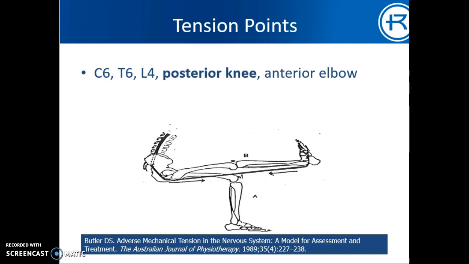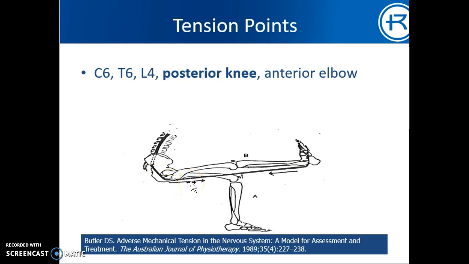So an example of this is during the straight leg raise test in the slump position here. You can see the movement of the lumbosacral nerve roots are caudal in relation to their intervertebral foramen.